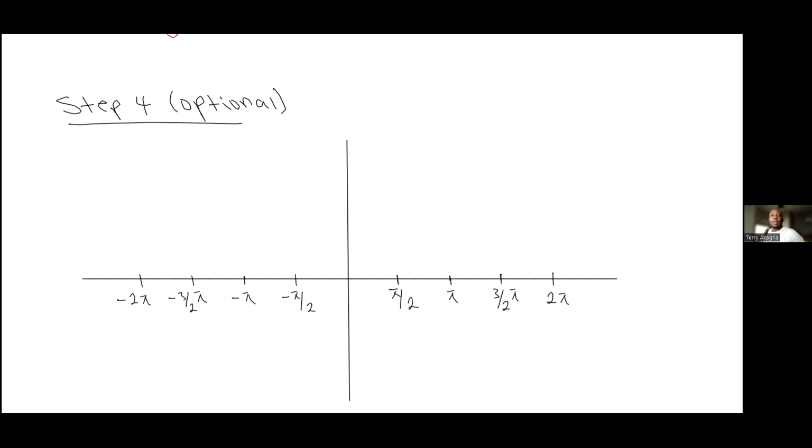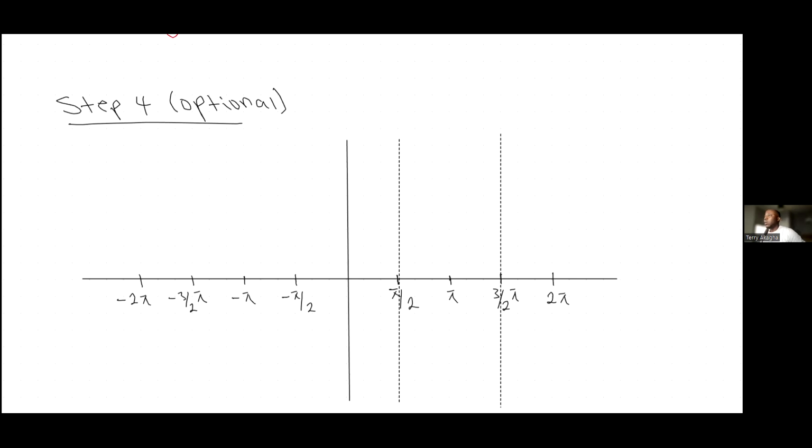Then the next step is that we're going to draw where the vertical asymptote is. So the vertical asymptote is at 90. So we're going to draw it here. We have vertical asymptote at 90, and also have the vertical asymptote at 3 over 2 pi. So push it a bit to be on that.